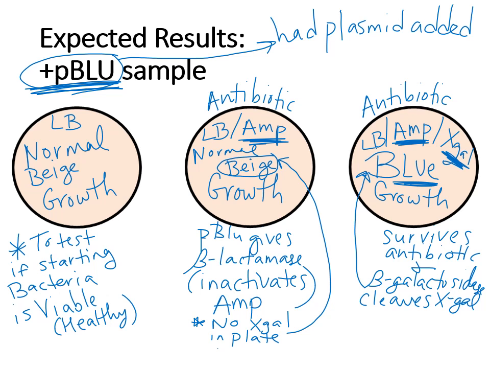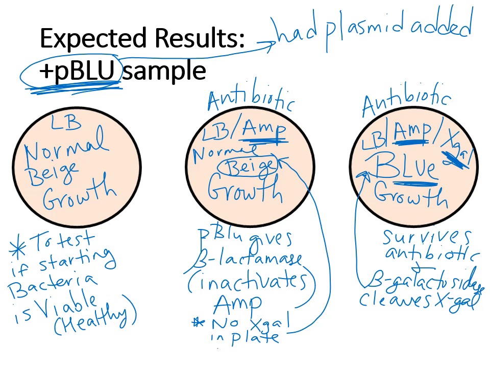If you are uncertain of any of the expected results we talked about, simply contact me in the Remind app because the expected results and being able to analyze results is critical to understanding a transformation. And on the quizzes, on the post-lab, on the final, I can give you any plate.